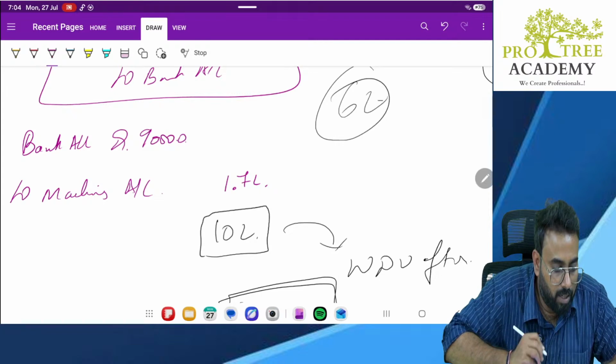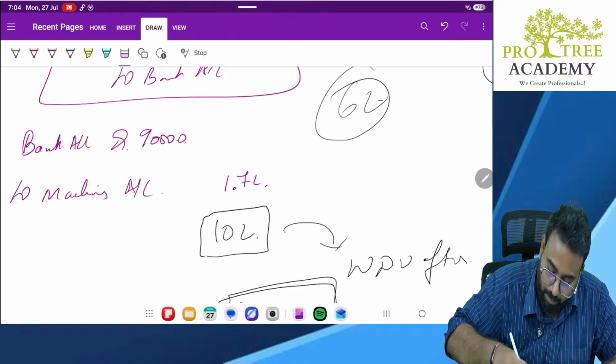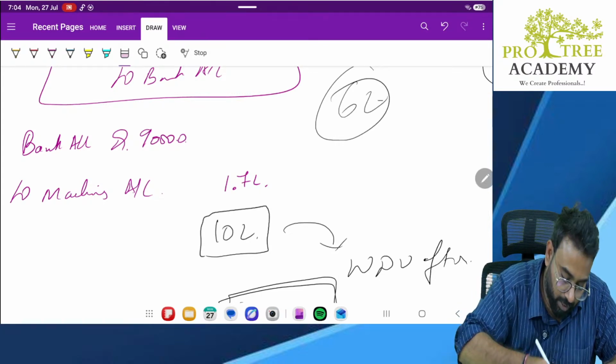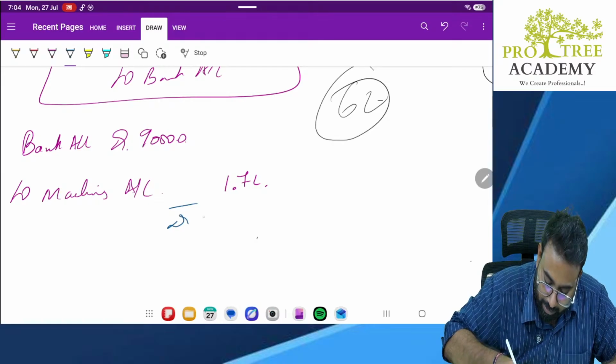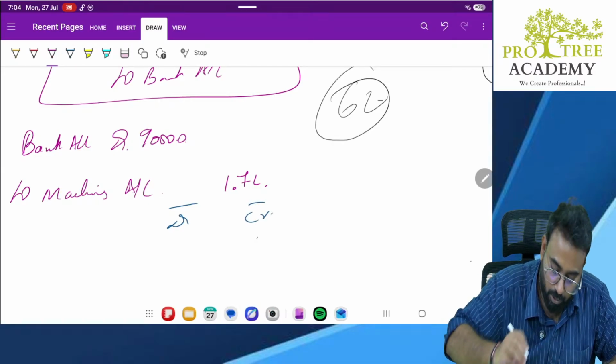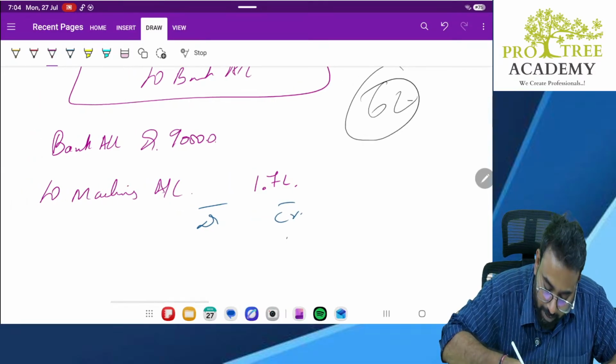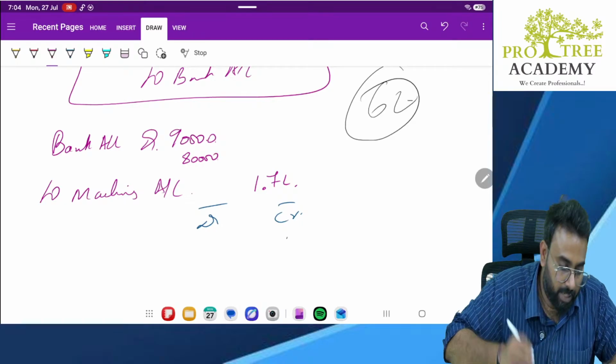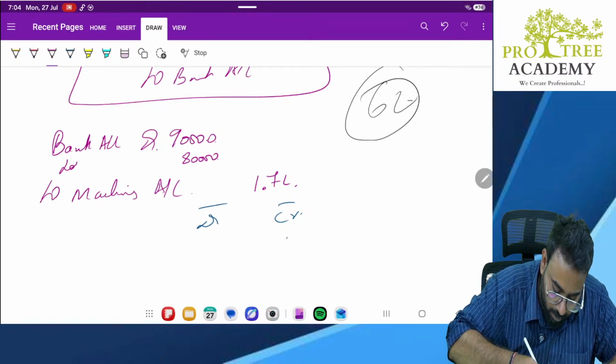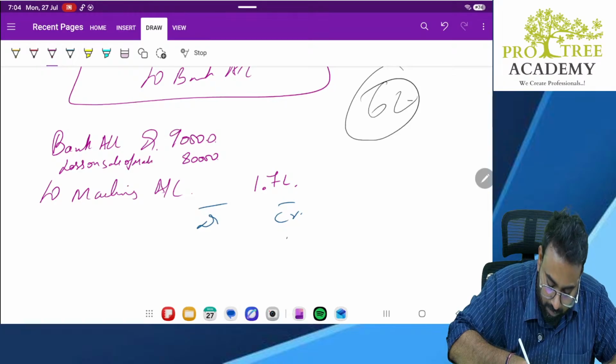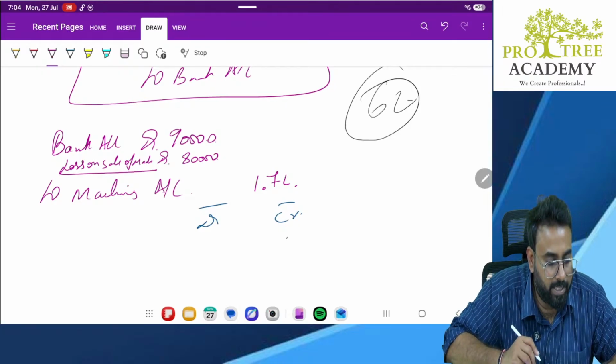1.7 lakh. So in our double entry system, debit and credit both should match. Correct or no? Is it matching? No. What is the difference? Difference is 80,000. It's nothing but loss on sale of machinery. Sir, why is loss debited?